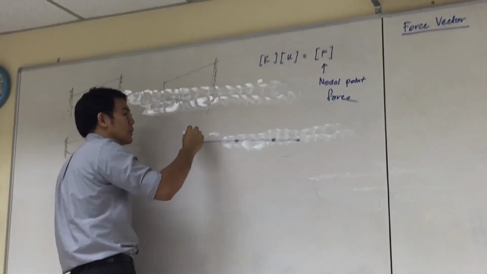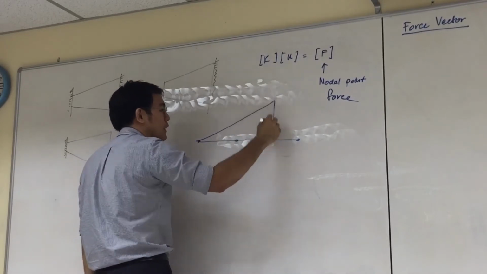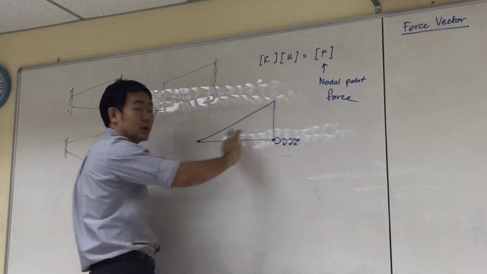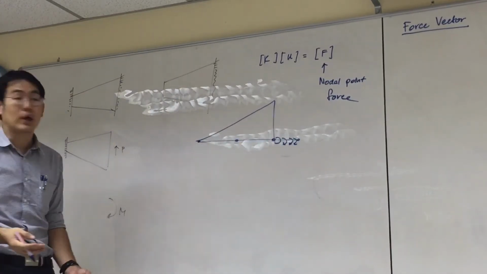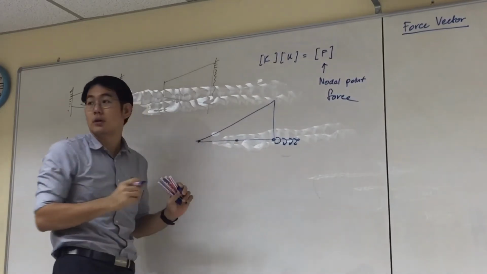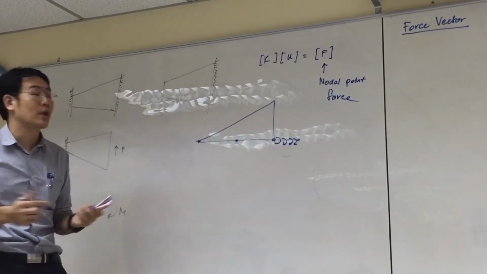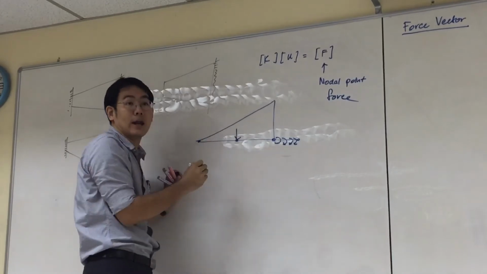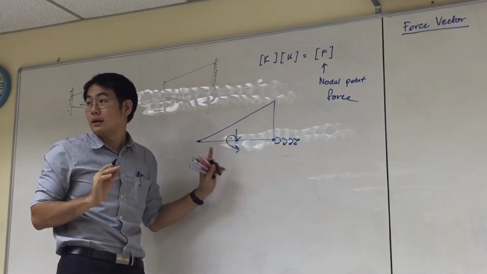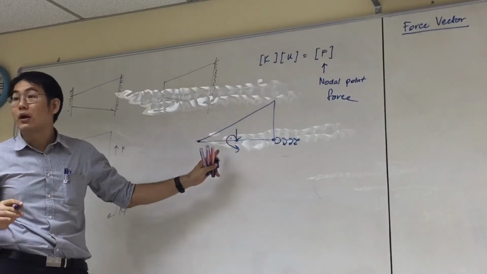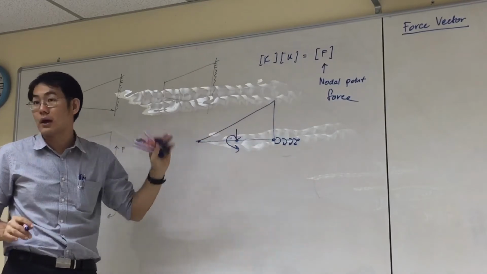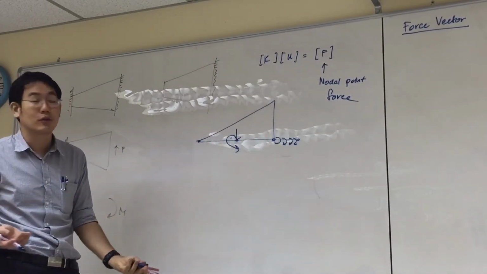But you have a force distribution like this, and then moment distributed over the beam. So the thing does not belong to an individual point particularly. It's not just like a point load or moment load acting at the node. This has effects on many nodes, like a distributed force going on.